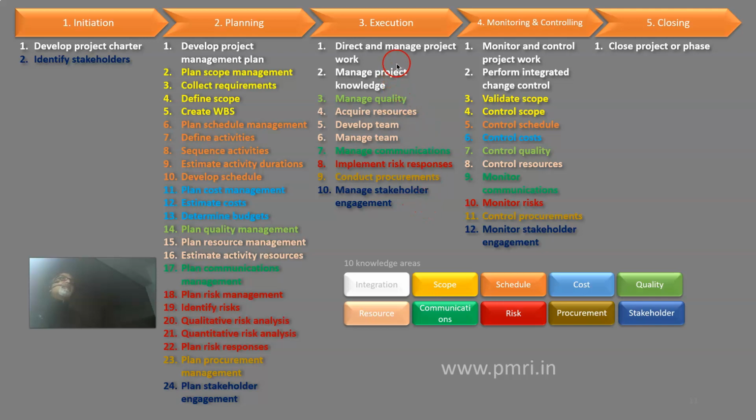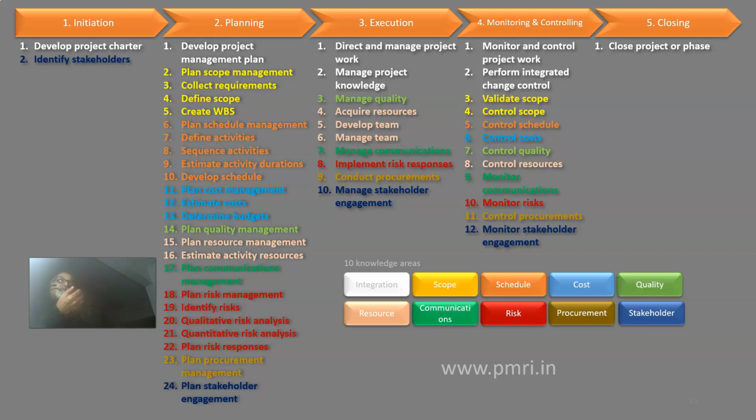And when the planning and execution is really happening, the monitoring and control also goes hand in hand, which goes parallelly. So here, the first process under monitoring and controlling is monitor and control project work. We are talking about integrated project monitoring and control systems, and perform integrated change control.